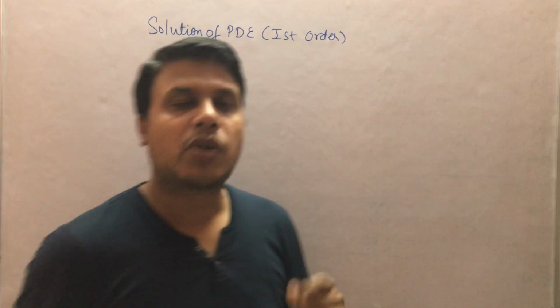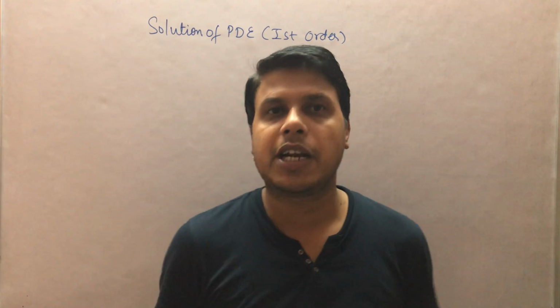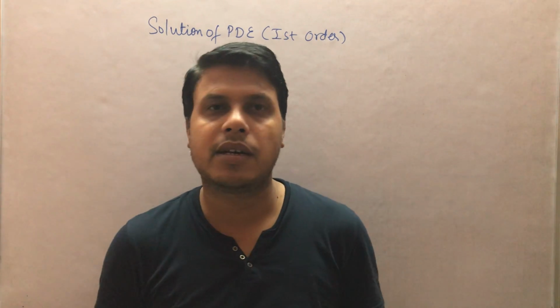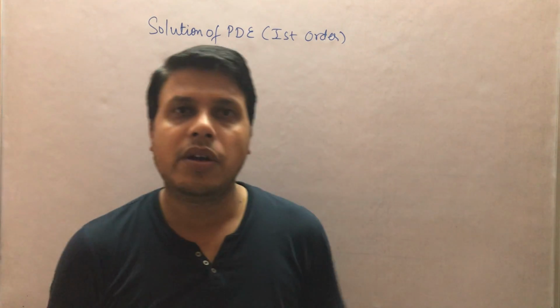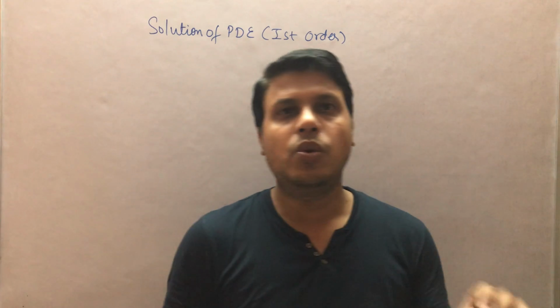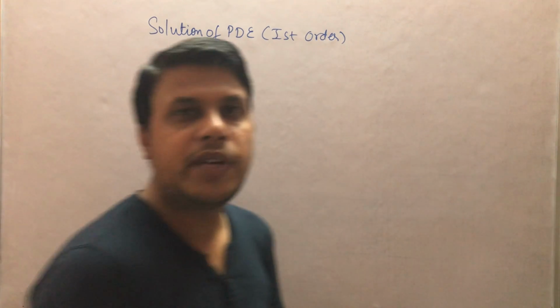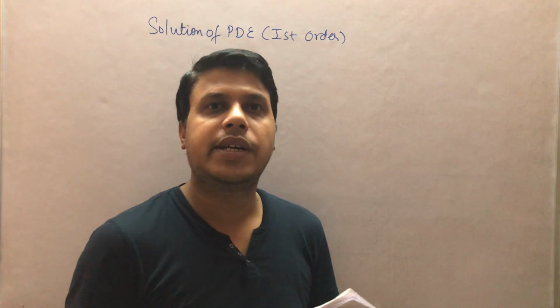If we talk about the solution of the partial differential equation, it can be done in two ways. First, it is a direct method, meaning we can directly integrate the equation to get the solution, or we have to adopt some procedure to reach the solution. So first of all we are going to cover direct integration.